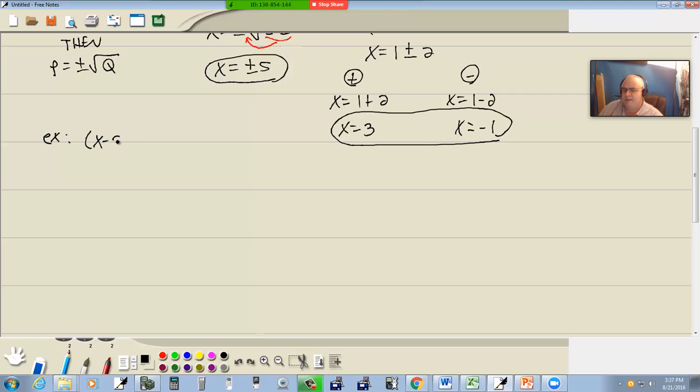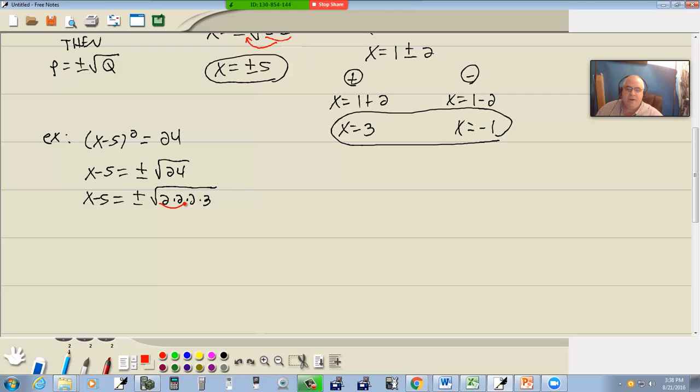Now if I have x minus 5 squared is equal to 24. Let's take a look at one more of these. Again, using the square root property, we'll drop our squared, and we'll put a plus or minus square root around the other side. Well, 24 we can simplify. That's 2 times 4 times 3.